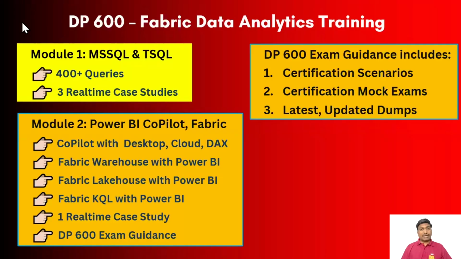Guidance includes certification scenarios, mock certifications, and latest updated dumps. We'll take them in our classes. So the choice is yours. You can opt for modules 1 and 2, SQL with Fabric DP-600 examination course, or directly the Fabric 600 examination course in case you're aware of SQL already.